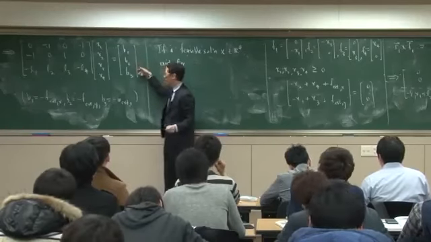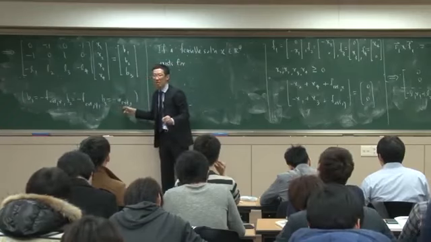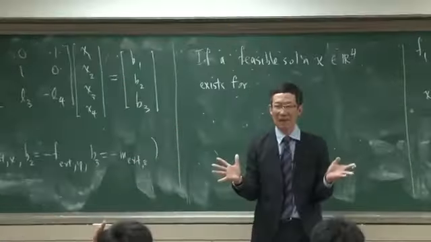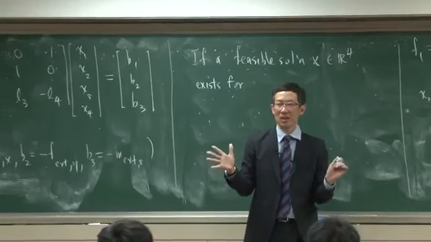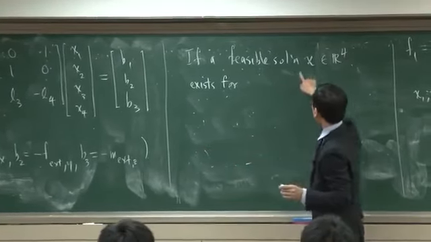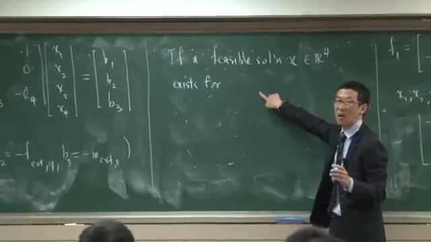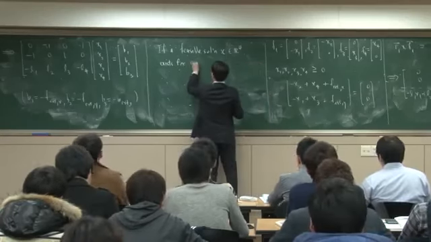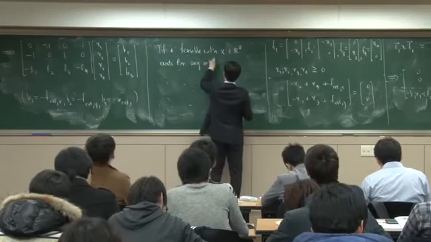This b1, b2, b3 are the external forces and moments. They can be arbitrary. They can be anything. So what we want is that a solution x exists for any arbitrary b.